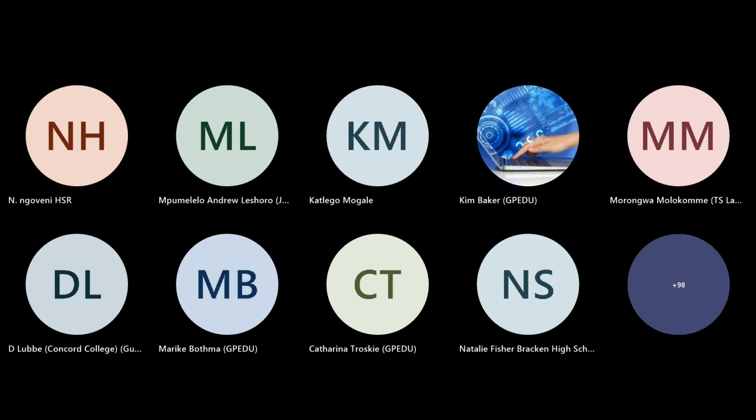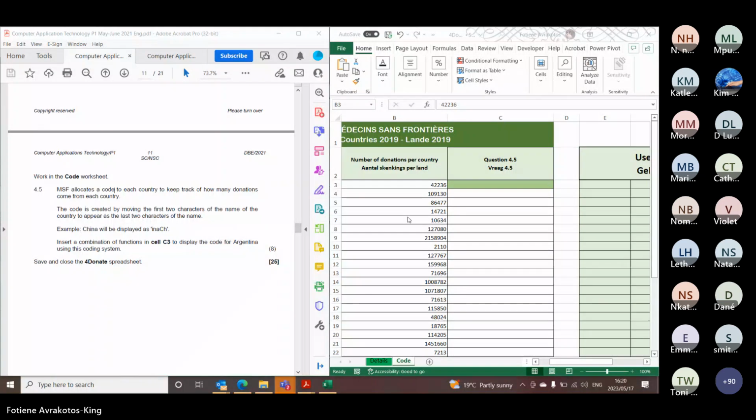Okay, 4.5. It says MSF allocates a code to each country to keep track of how many donations come from each country. The code is created by moving the first 2 characters of the name of the country to appear as the last 2 characters.